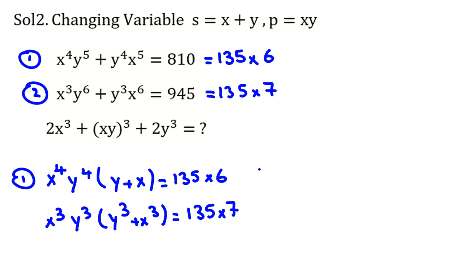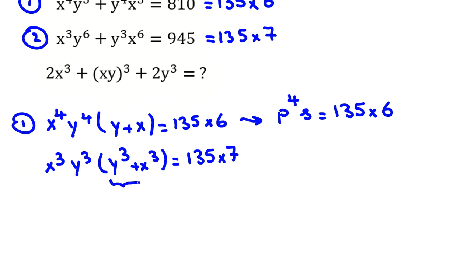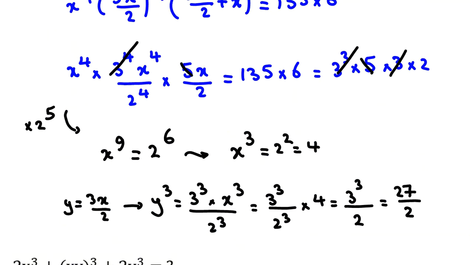Okay, now here, the first one is what? xy is p, the product, so it is p to the 4 times s, equal to 135 times 6. But we should work a little more on this. X cubed plus y cubed. I told you the identity here. X cubed plus y cubed is x plus y times x squared minus xy plus y squared. You should memorize this.